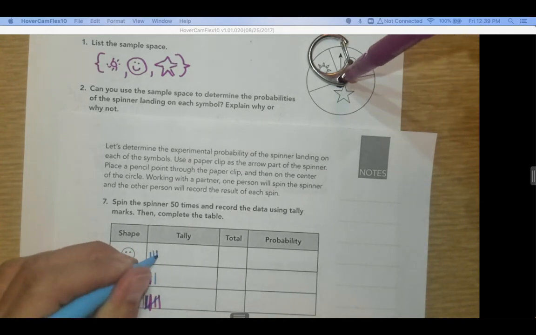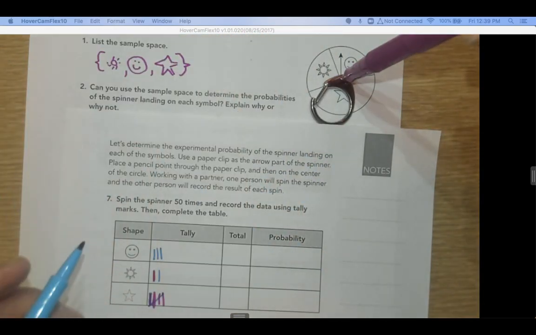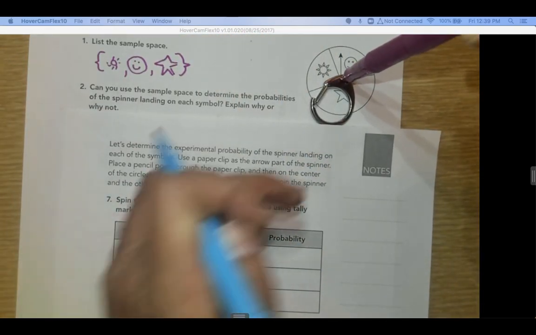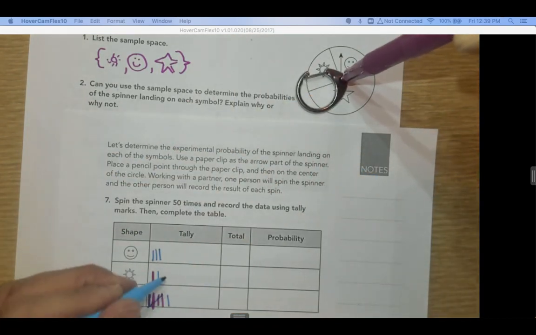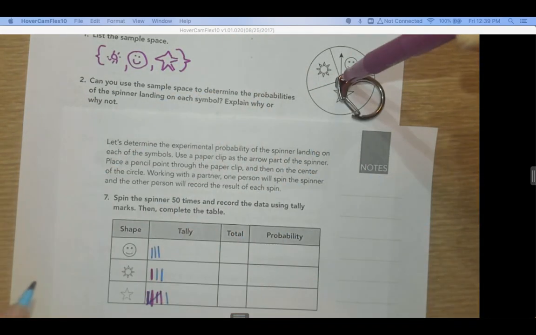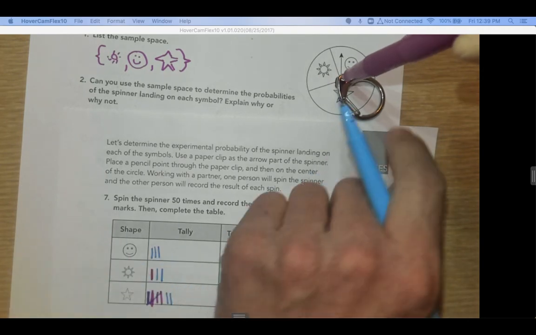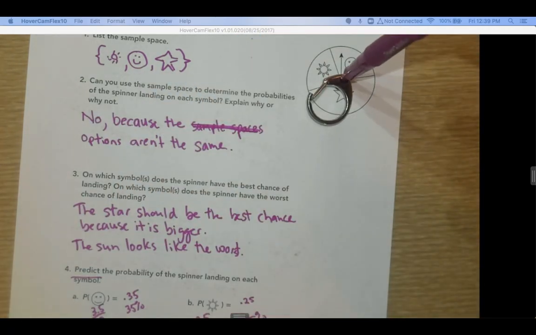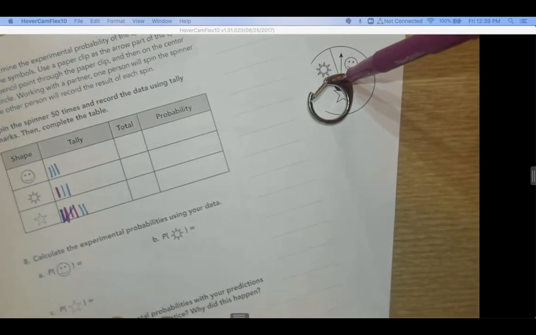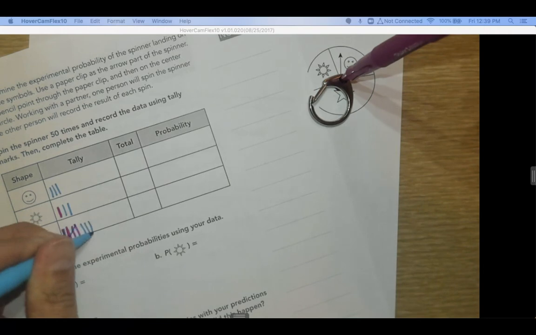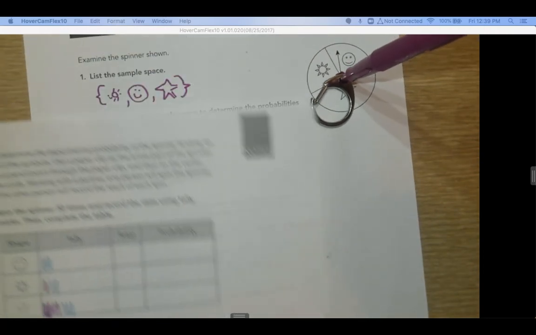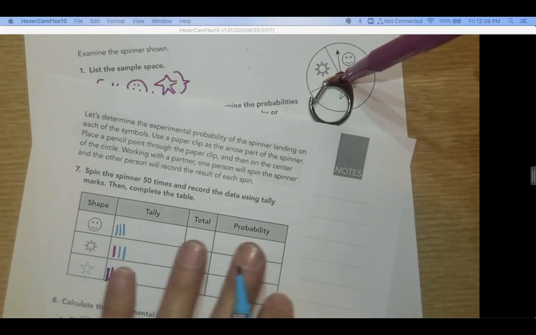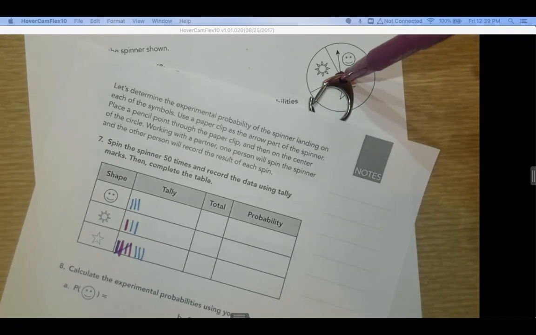That was a smiley face. 10. Star. 11. Sun. 12. Star. 13. Uh-oh. Star. 14. Can never be easy.